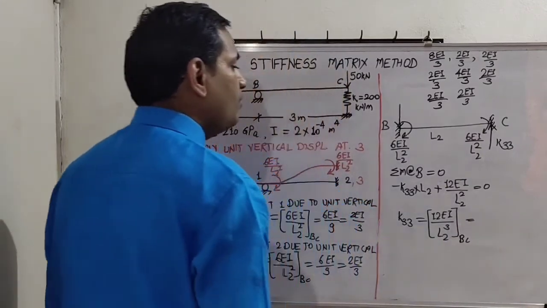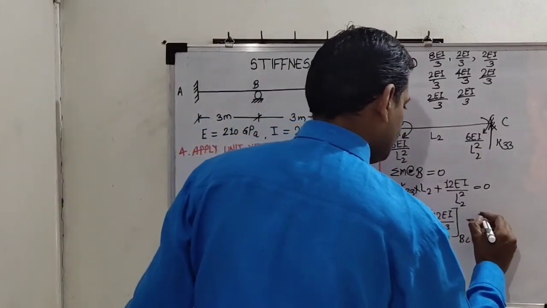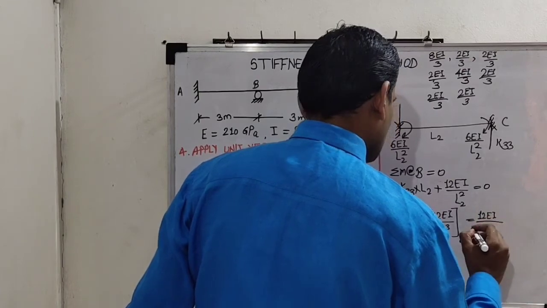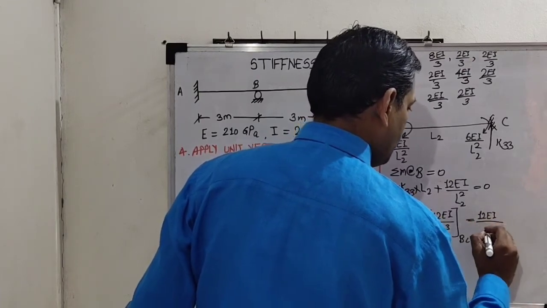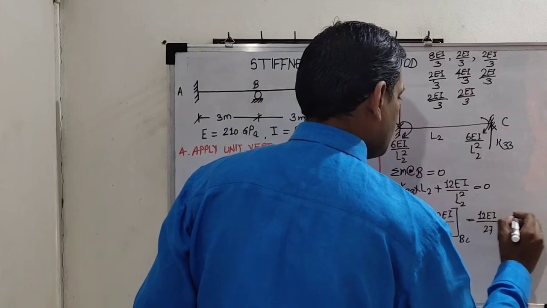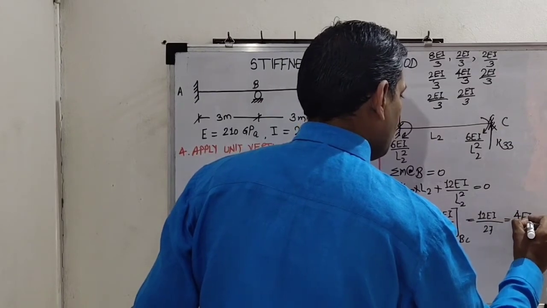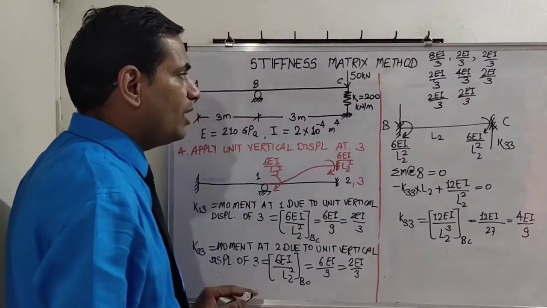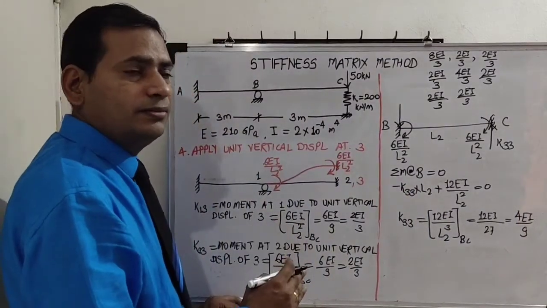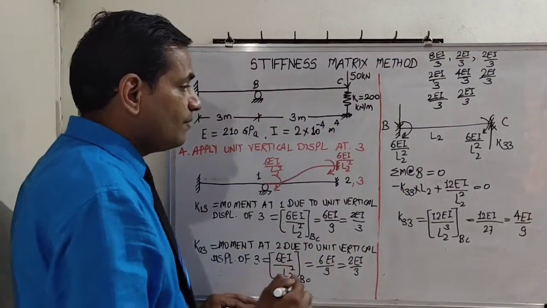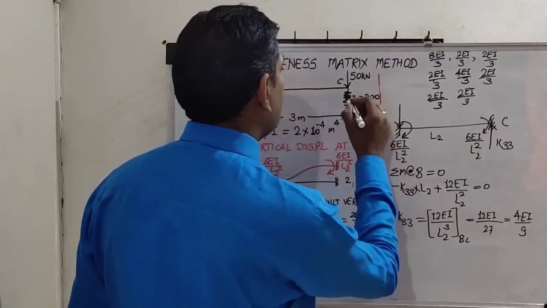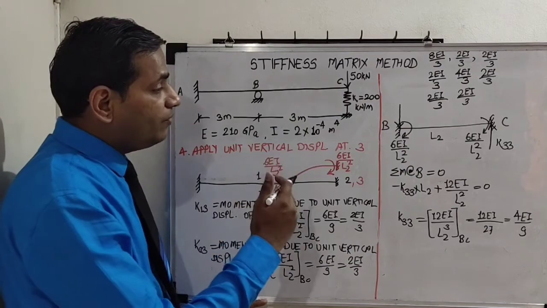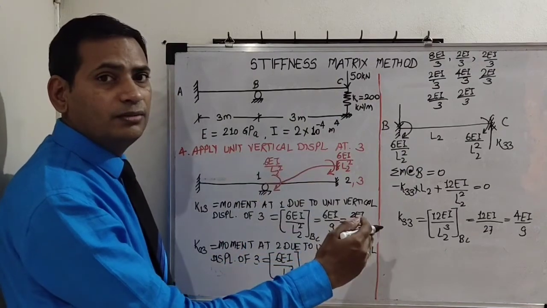So this is again for span BC. So what is the value? 12EI upon 3 cube, 3 cube is 27. It means 4EI upon 9. Okay, 4EI upon 9. Now here is the change. What is the change? On location 3 there is additional stiffness of the spring also, and that we have to take into account here.